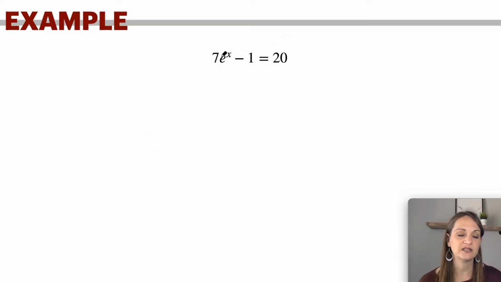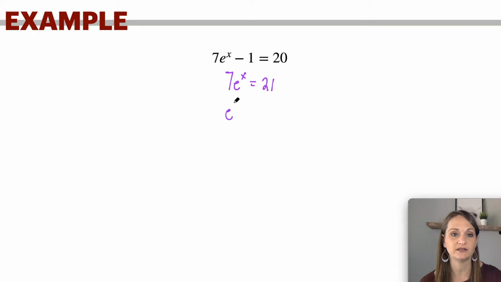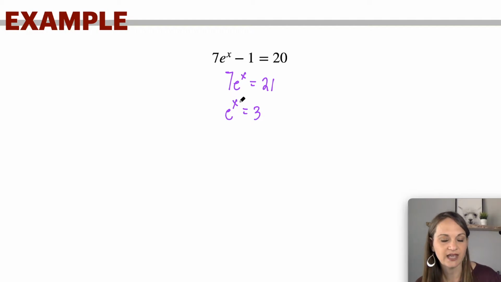In this case, we need to solve for x, but first we need to get everything else on the other side. So I'm going to add 1 to both sides, and I'm going to divide by 7. Now we need to get x out of the exponent.